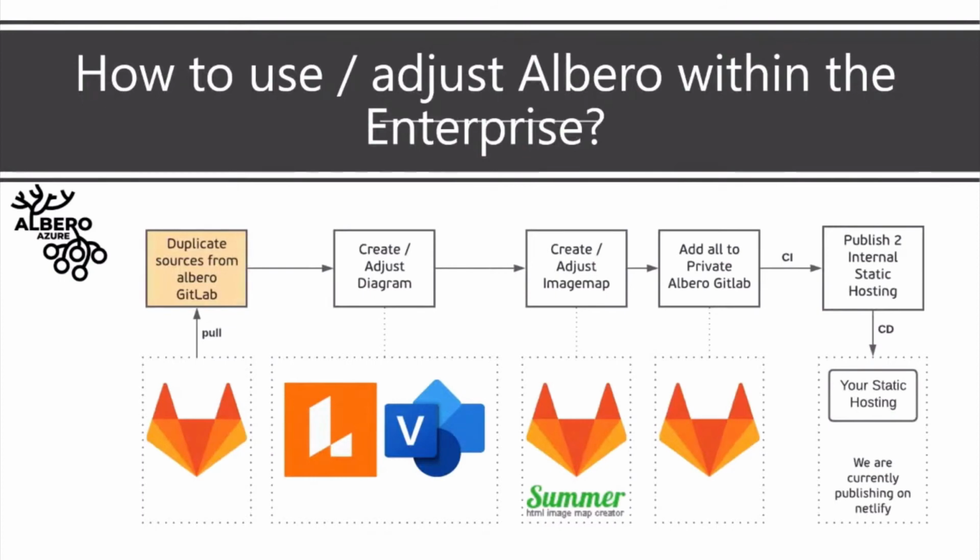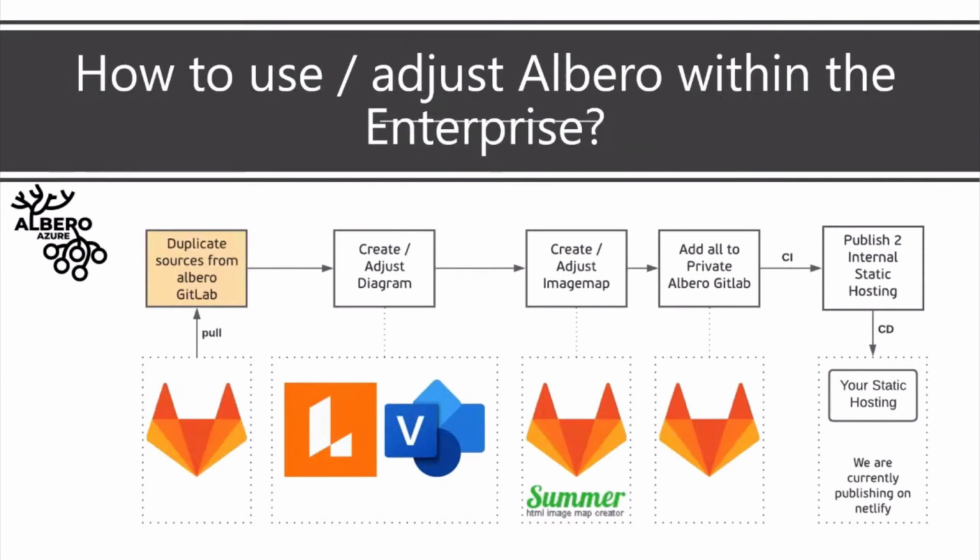So how does the process look now? We can copy our React application and the static content section from our GitLab into another GitLab, enterprise or something, and share that. Then you can adjust the diagram using Lucidchart or Visio or whatever.